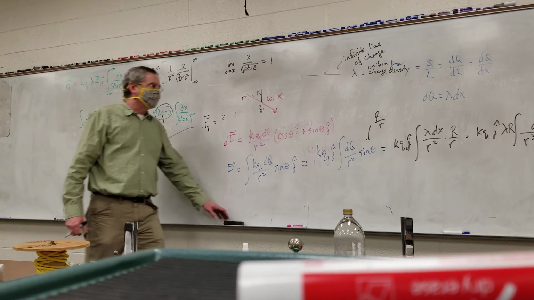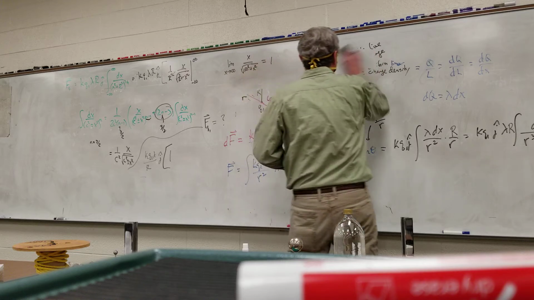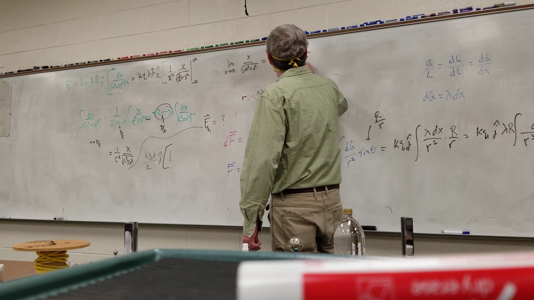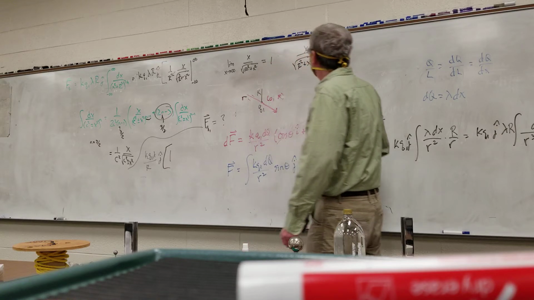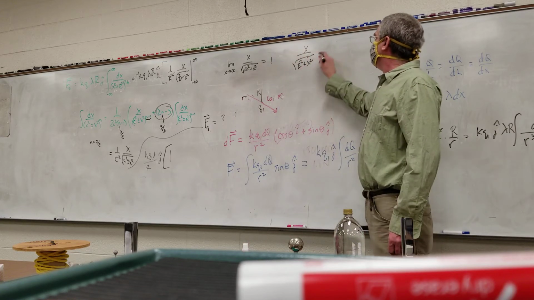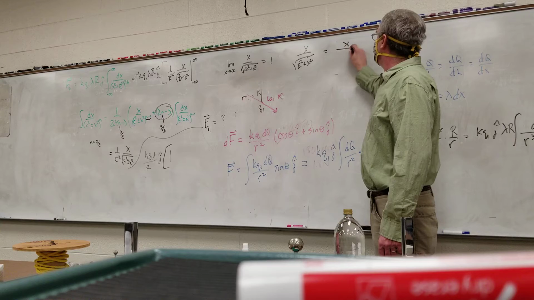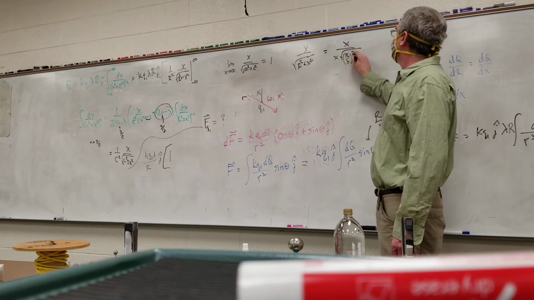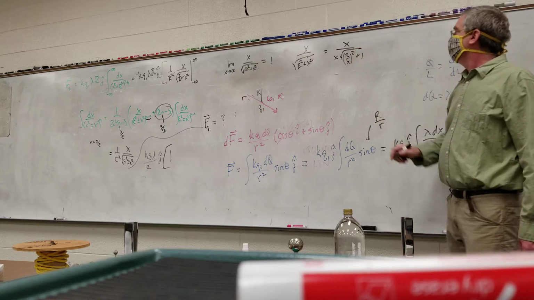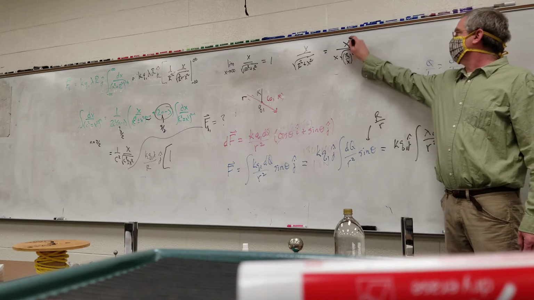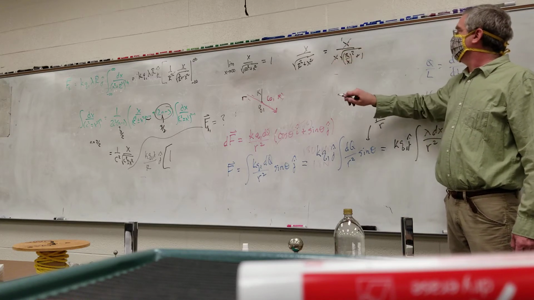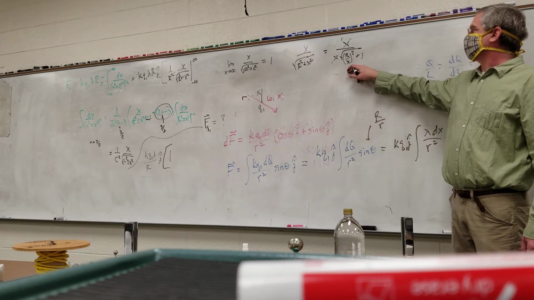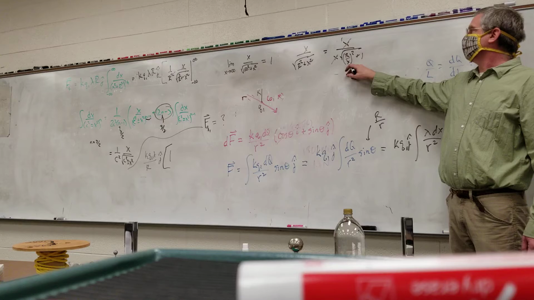There's actually another approach without using L'Hopital's rule. We have x over the square root of r squared plus x squared. Factor x out of the denominator, and we're left with x times the square root of r over x squared plus 1. So those would cancel out, and I'm left with 1 here. And then as x becomes huge, this becomes insignificant.